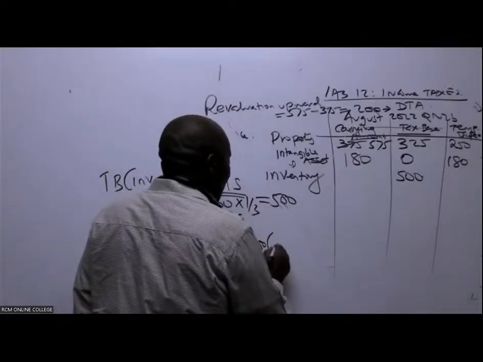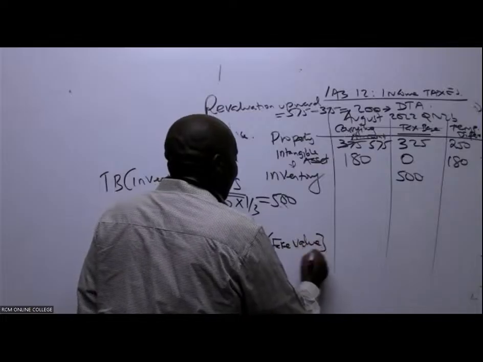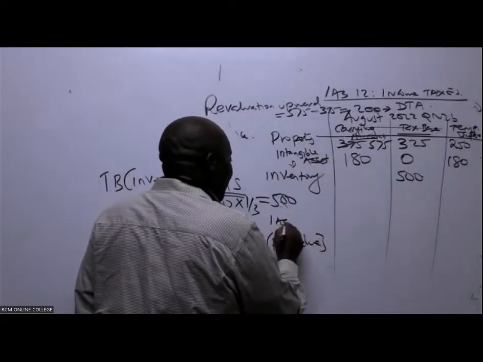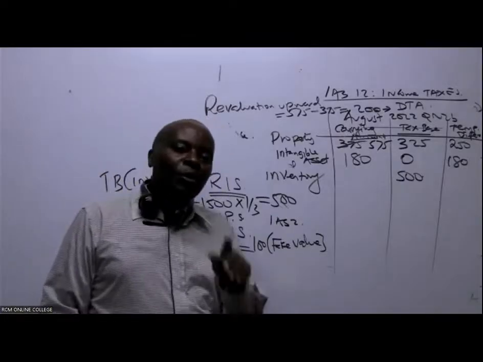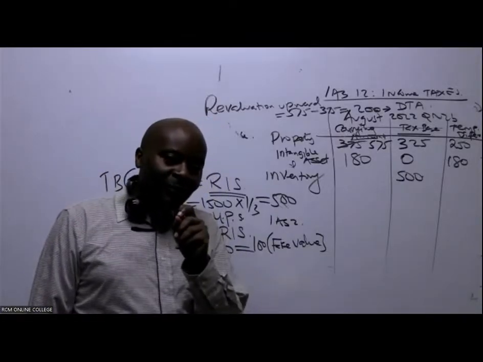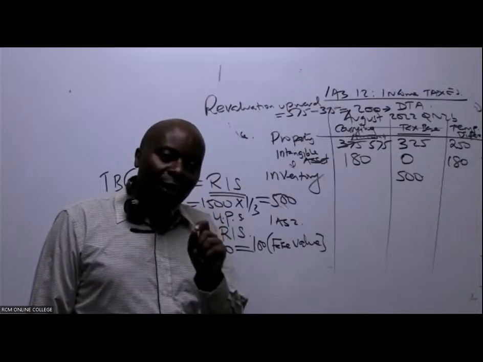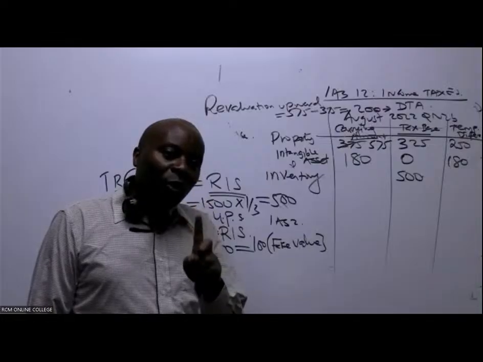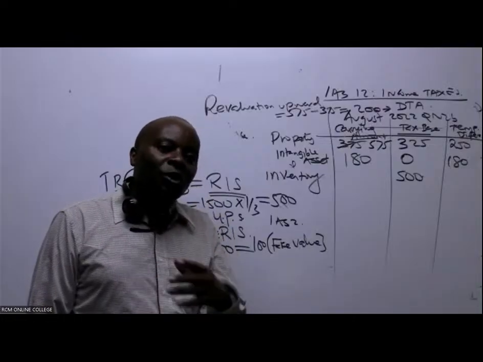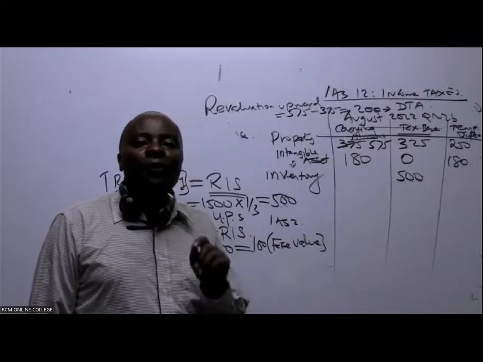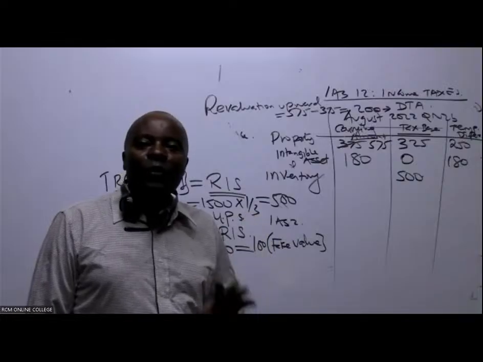So we know that this is fake value. Remember, according to IAS 2, there is no way you can ever have profit within stock. According to IAS 2, we should always have inventory valued at the lower of cost or net realizable value. You value inventory at cost. How much does it cost you? Never have profit inside there.